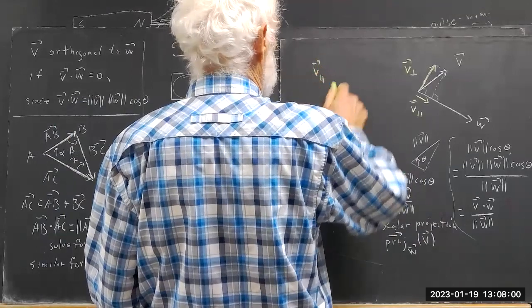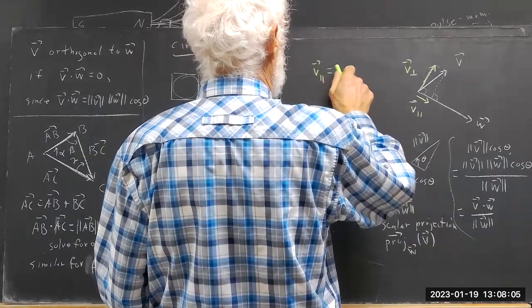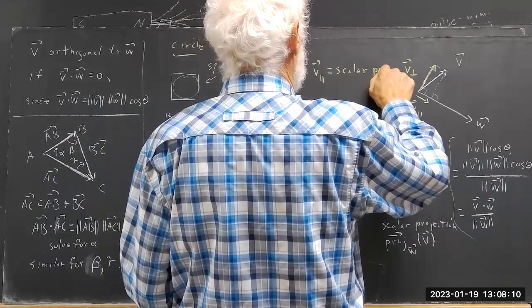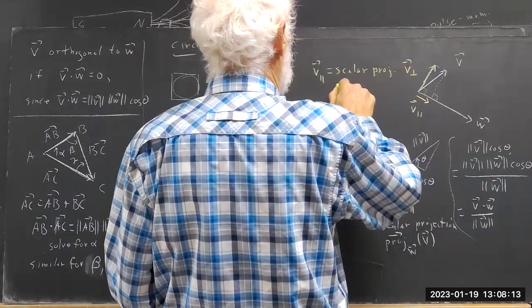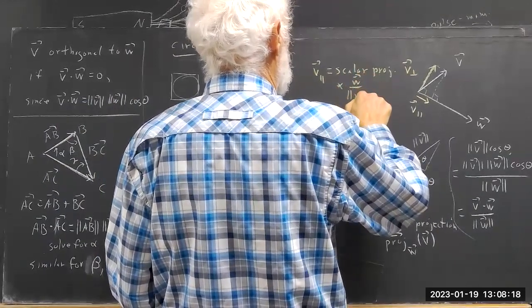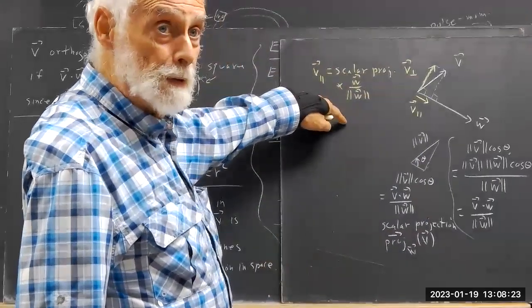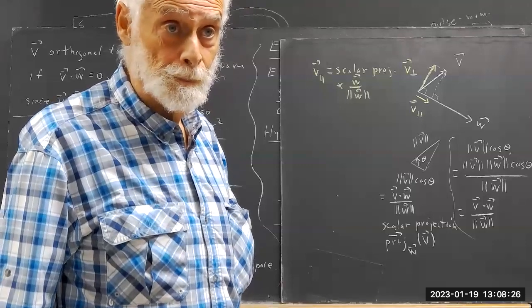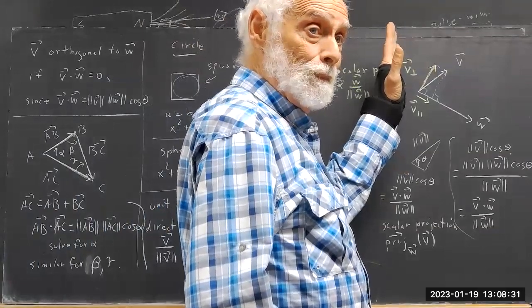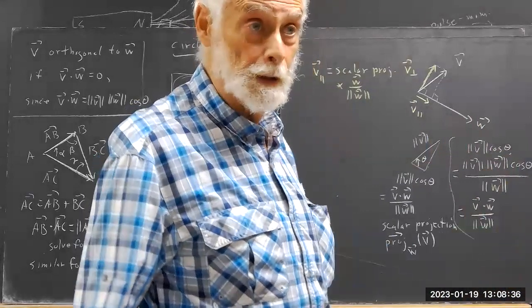V parallel is the scalar projection multiplied by W over its magnitude, that puts it in the direction of W. Also takes care of the possibility that this angle is obtuse, because then the scalar projection would be negative, because theta is greater than 90 degrees.